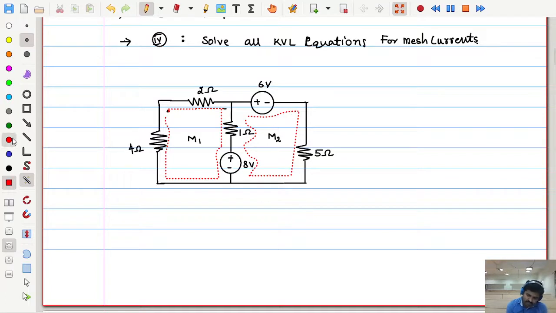That means we assume some current is flowing in this mesh in clockwise direction. That is the I1 current, which is flowing in this path. As current flows through this path, wherever some element comes, put some arrow in this way. That will be helpful for some purpose.